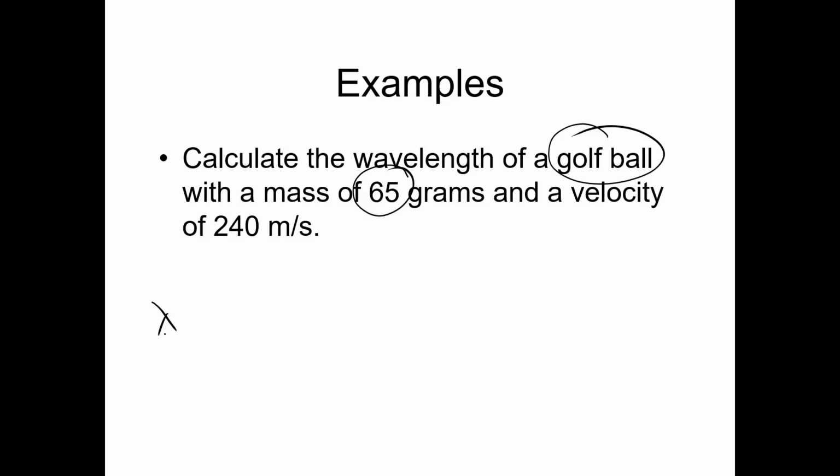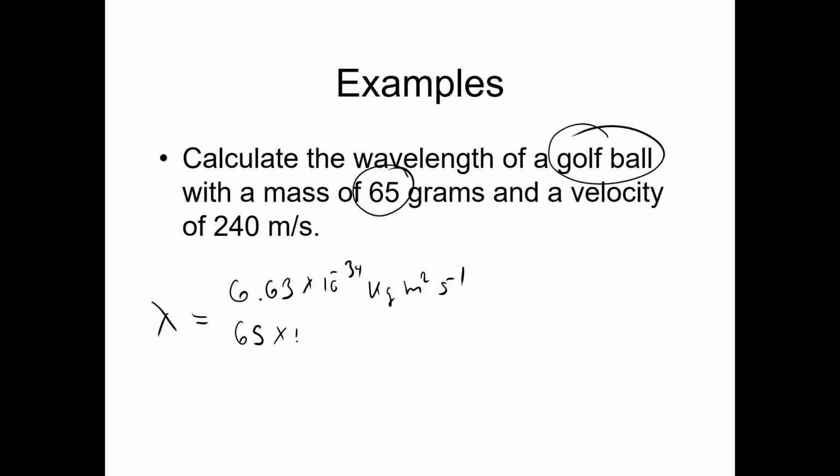So lambda is going to be equal to Planck's constant, 6.63 times 10 to the minus 34 kilograms meters squared per second, is what we said. And then the 65 has to be in kilograms. So there's 1,000 grams in a kilogram, or 10 to the negative 3 kilograms in a gram.